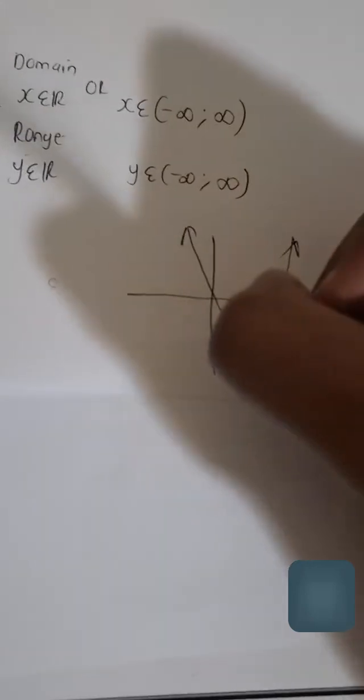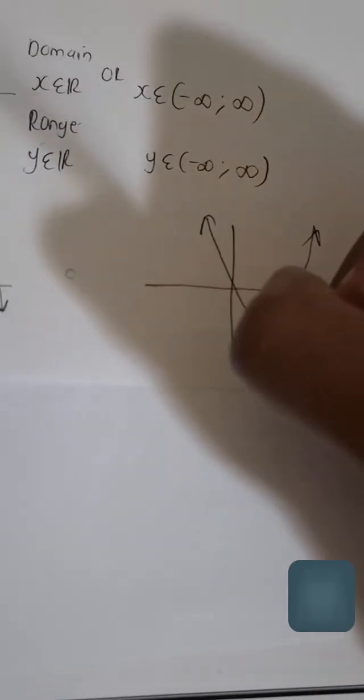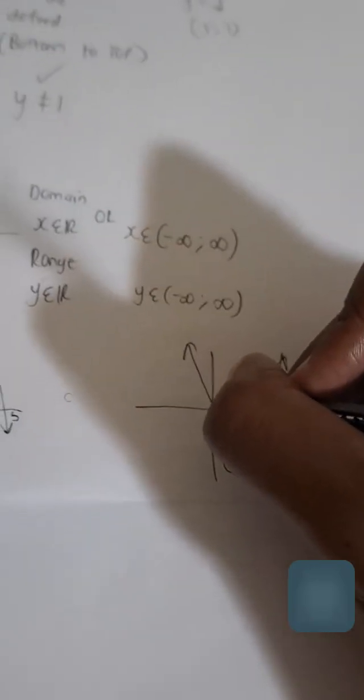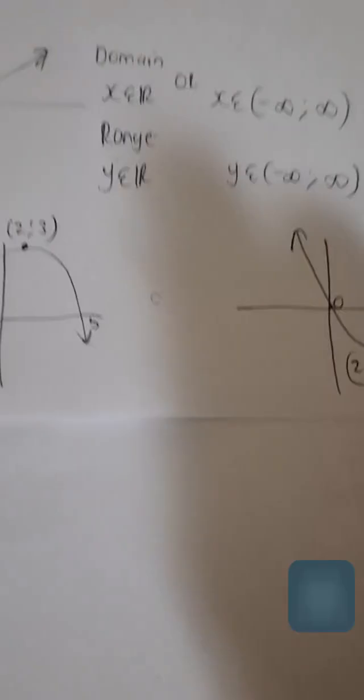And here the coordinates are 2 and negative 3. Let's say this is negative 3, and let's say that is 5. And then let's say this is 0 and 3, just for argument's sake.